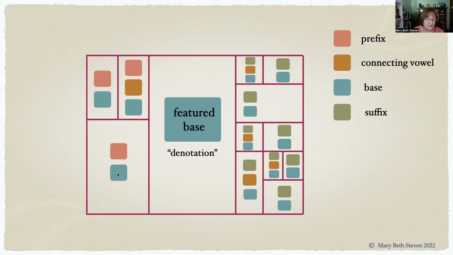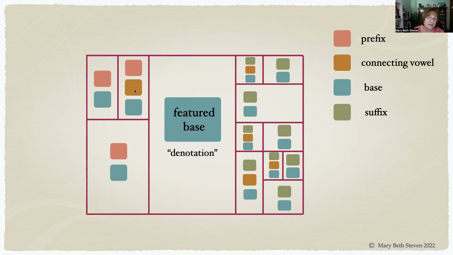Or down here, this base and this base could form a compound word. Now, it is possible that we can join more than two bases to create compound words. Just because I have blue boxes in every cell, it doesn't mean there will be a base in every cell. It's just that it's possible for a base to be in any of these cells.